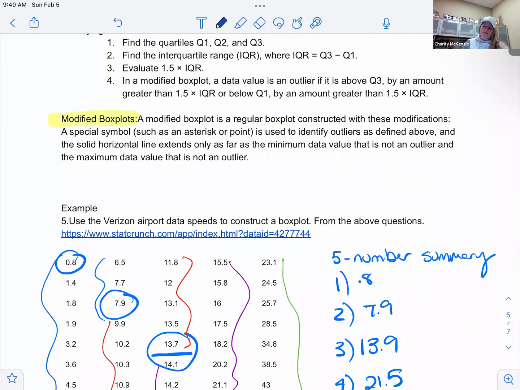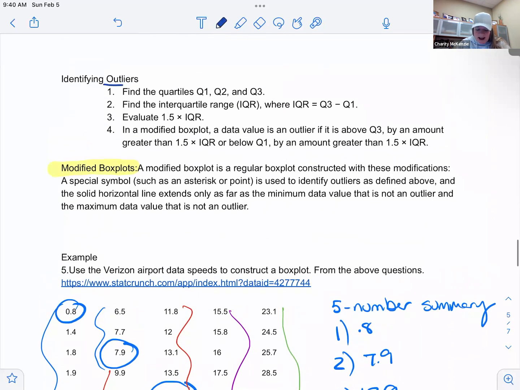What it does is it finds our outliers for us and denotes them by a dot on the graph. When I draw it by hand, I would draw the line all the way to the end at that 77 or whatever it was. But in the program, Statcrunch figures out what is an outlier, leaves those off with a dot, and then makes the box and whisker plot with the data that's not considered an outlier.